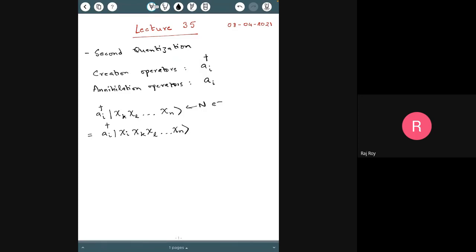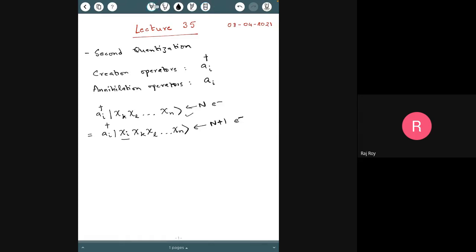So basically you add an electron in spin orbital i. Which means you add a row and column to the original determinant, and I write this additional spin orbital here. And now this is an n+1 electron function. And the important thing is that both creation and annihilation operators only act immediately on what is right next to them.